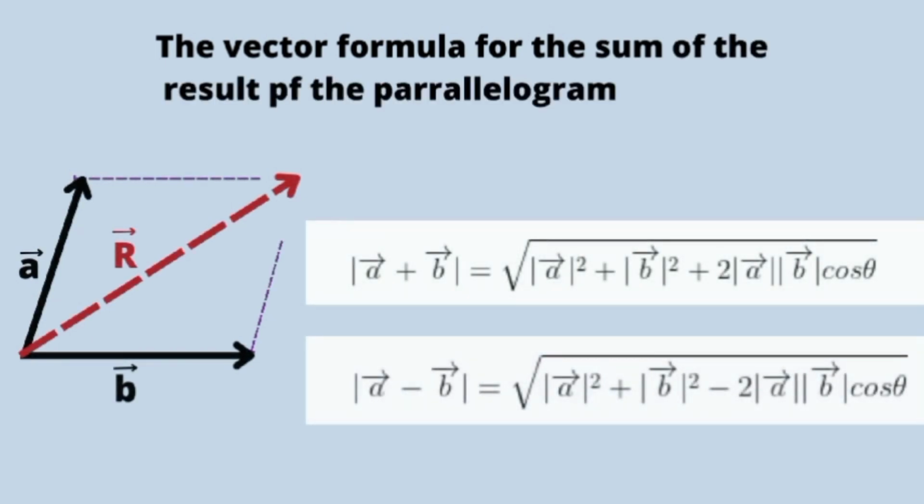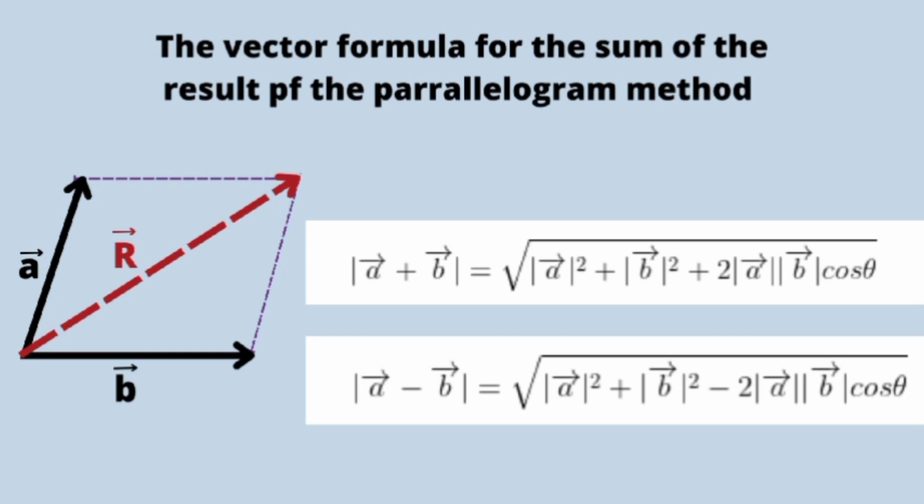The next is the vector formula from the sum of the result of the parallelogram method. From the illustration beside, we have to look at A vector and B vector and R vector. And R vector is A vector plus B vector.